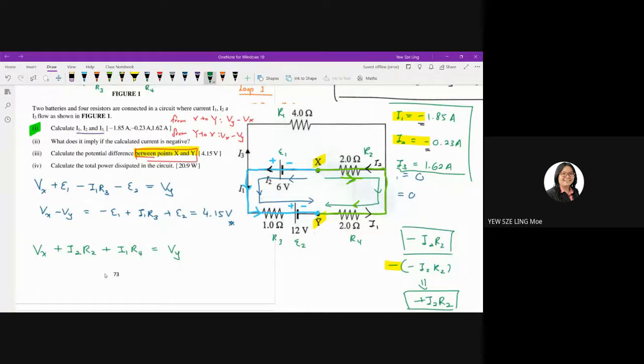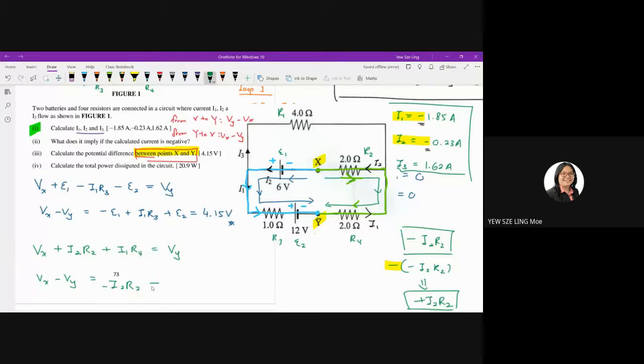If I rearrange the equations, Vx minus Vy, eventually I will get 4.15 V as well, if I got it right. If you plug in everything correctly, this is I2 R2 plus, oh, not plus, sorry, it should be minus.